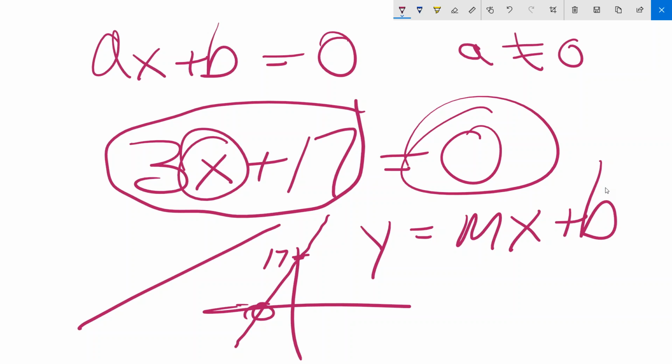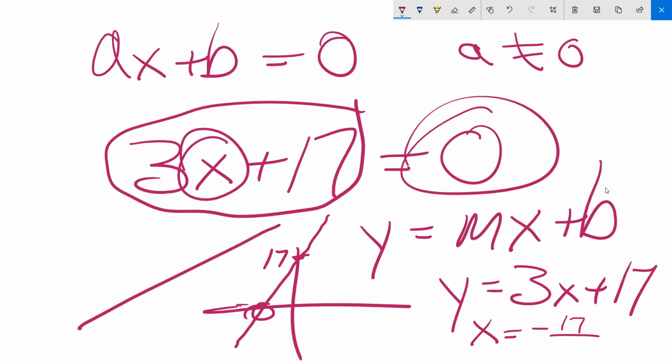The zeros of that line occur when you set y equal to 0. The 0 would come at minus 17/3. That point right there is minus 17/3.